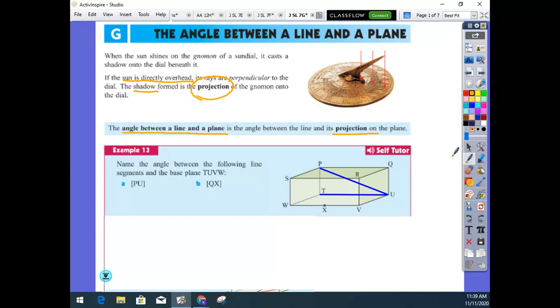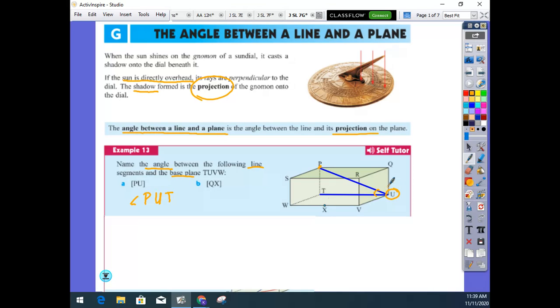Now, what angle connects PUT? That's the angle between the line and the base plane. So, angle PUT. We start with the top, go to the U, make sure this is the angle in between.